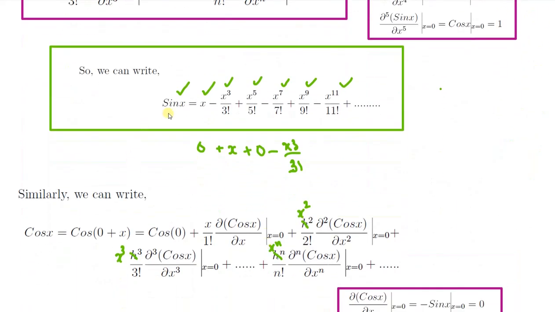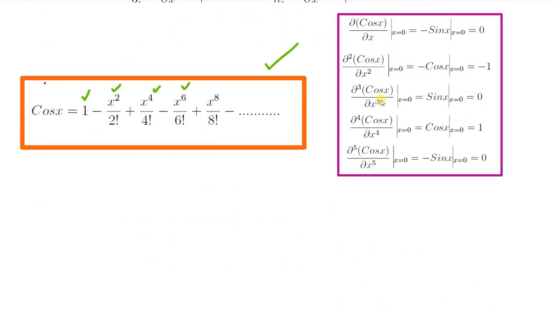The sin x series: sin x is equal to x minus x cube by 3 factorial plus x raised to 5 by 5 factorial minus x raised to 7 by 7 factorial plus etc. Similarly, the cos series is cos x equals 1 minus x squared by 2 factorial plus x raised to 4 by 4 factorial minus x raised to 6 by 6 factorial plus etc.